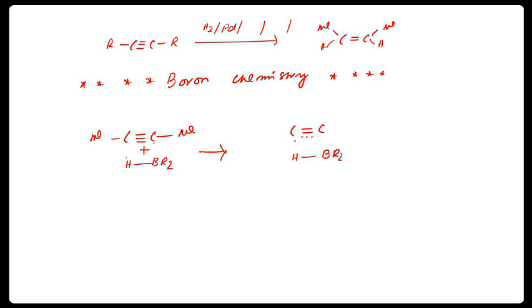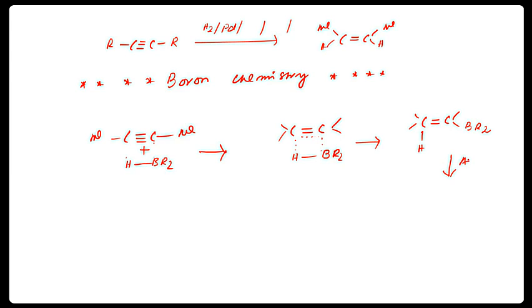BR2 is a four-member transition state, and ultimately we have C double bond C. We have an H here, and here we have BR2.